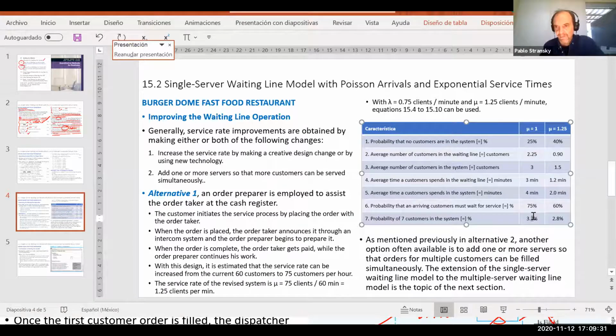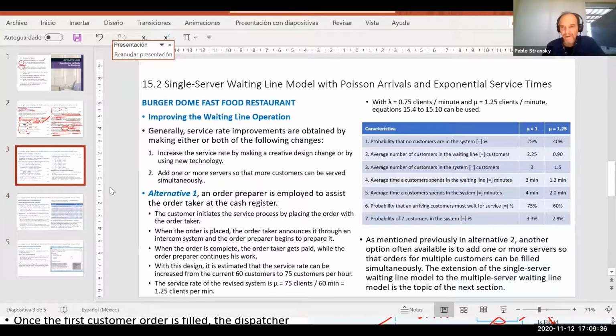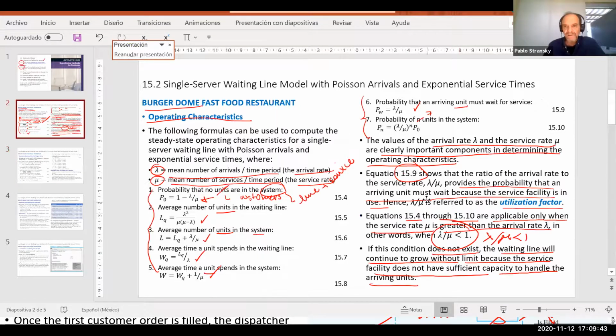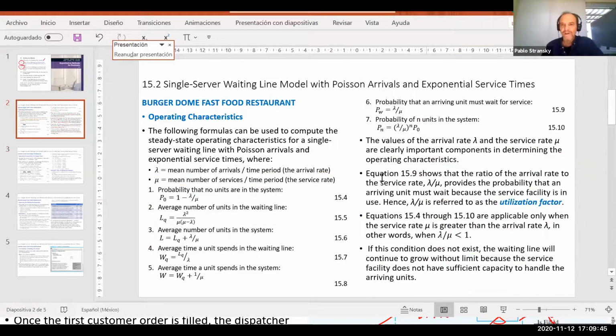I think that what they're asking you for, I remember reading here in the explanation of the formulas, the utilization factor, where it says equation 15.9, shows that the ratio of the arrival rate to the service rate, that will be lambda divided by mu, provides the probability that an arriving unit must wait because the service facility is in use.